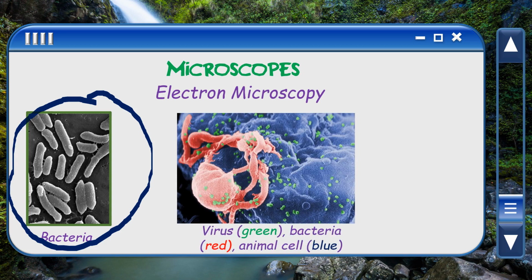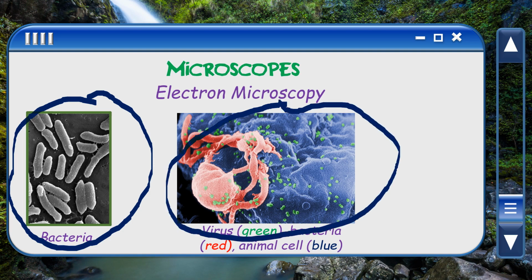And if you look at the cell here, it can show you the virus in green, the bacteria in red, and the animal cell in blue. So here you have a very high resolution: we can clearly see the bacteria, the virus, and the animal cell. Very high resolution and very high magnification.